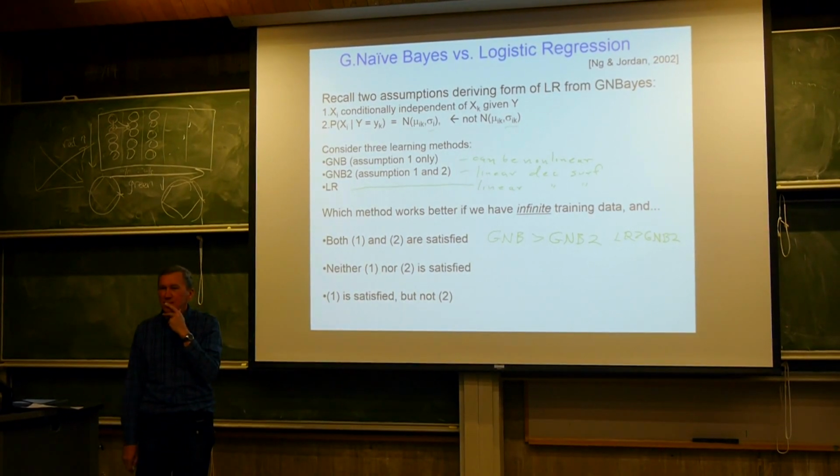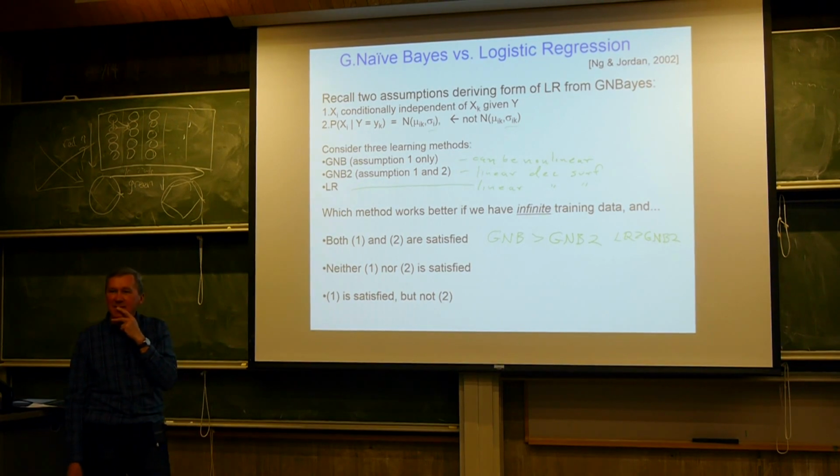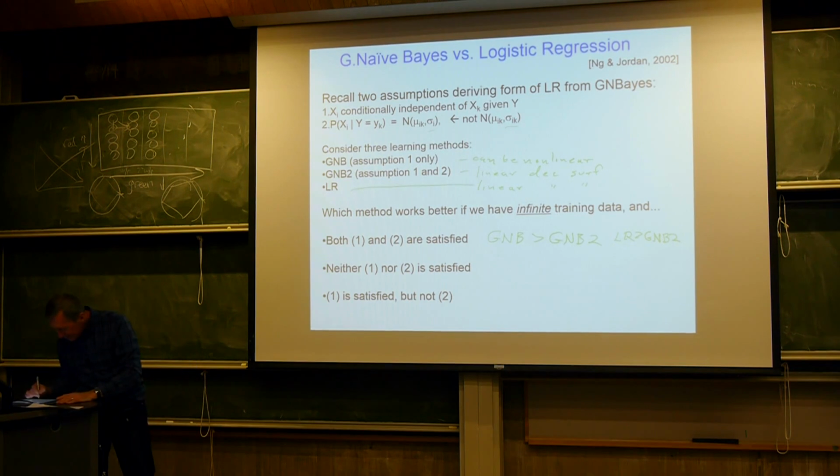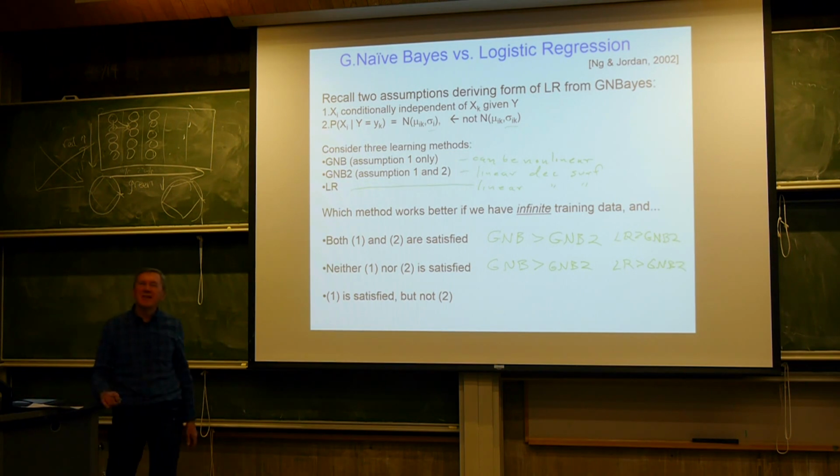In this case, you can say GNB1 is greater than GNB2, and logistic regression is greater than GNB2 again. Yeah, I think I agree with that. And that's about it. Is there anything else?